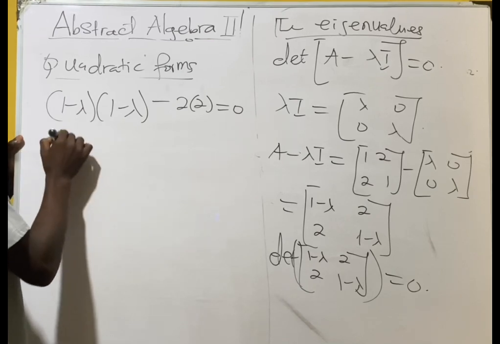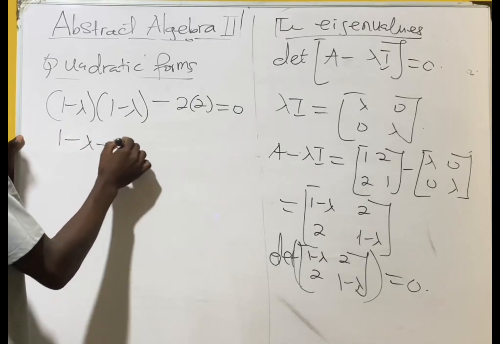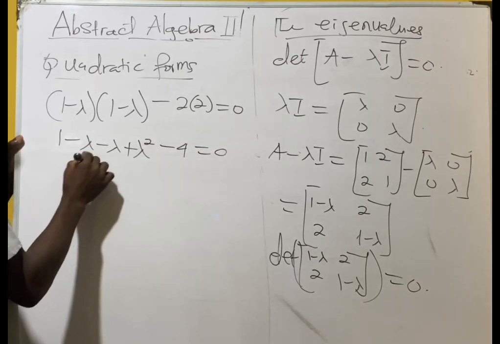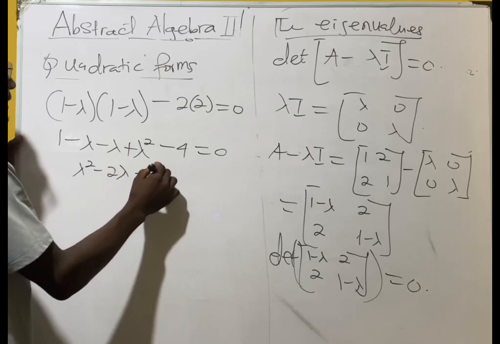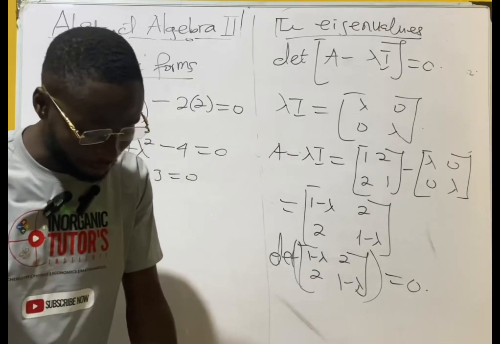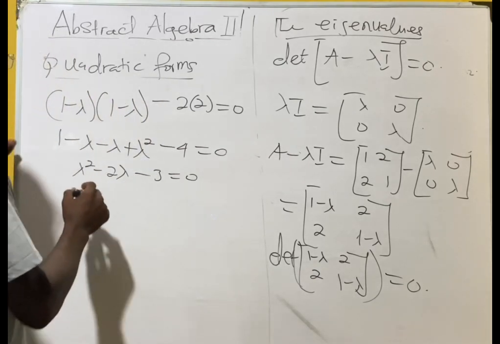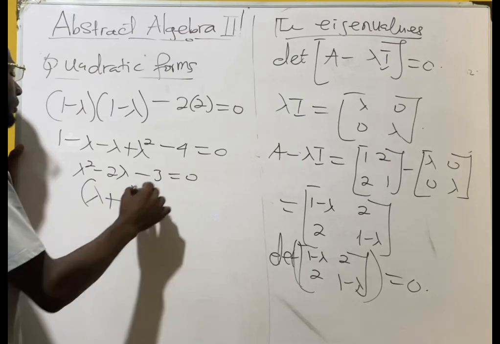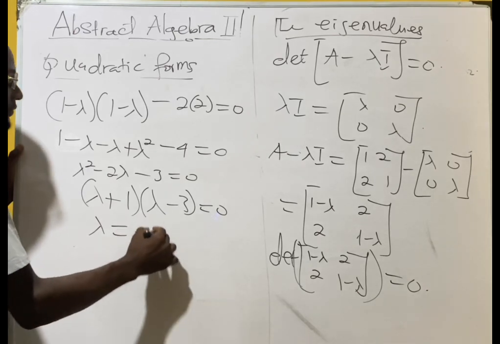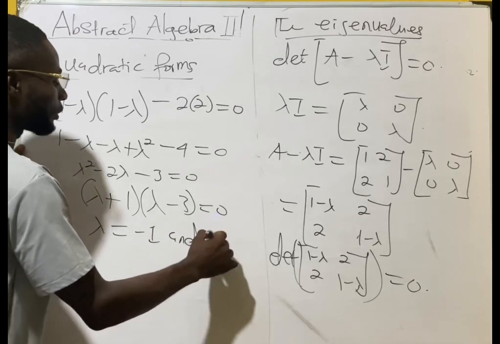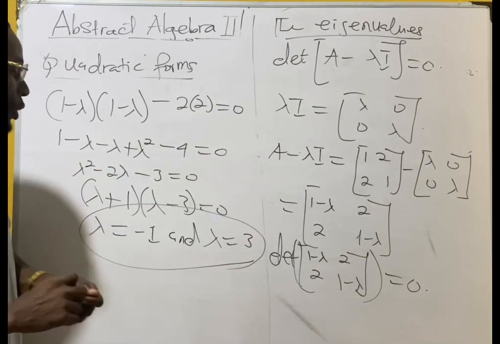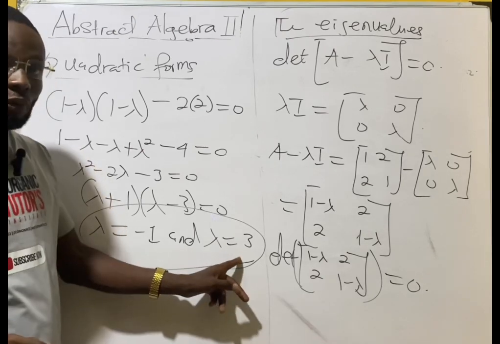So 1 minus 2 lambda plus lambda squared minus 4 equals 0. So we have lambda squared minus 2 lambda minus 3 equals 0. This is telling us that lambda equals -1 and lambda equals +3.